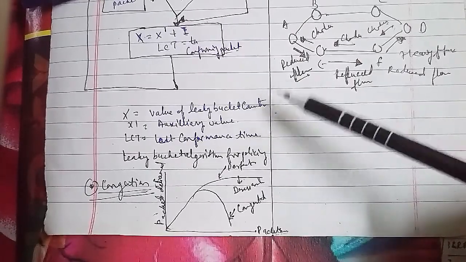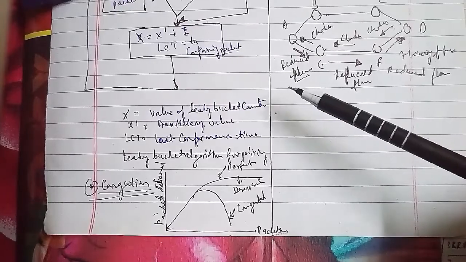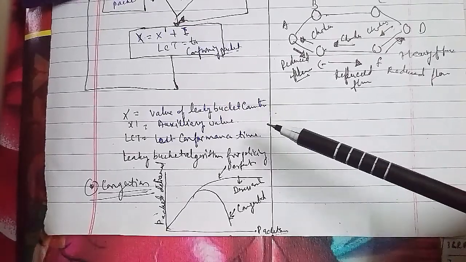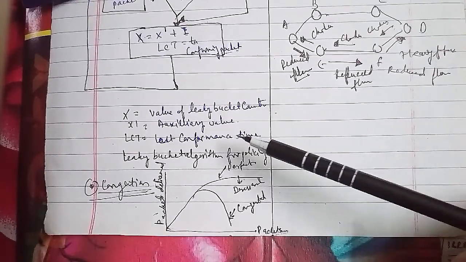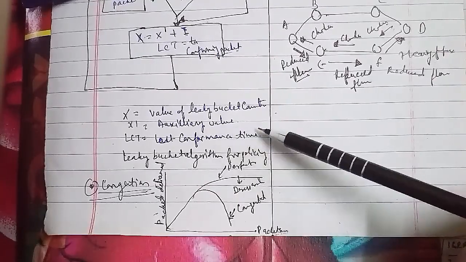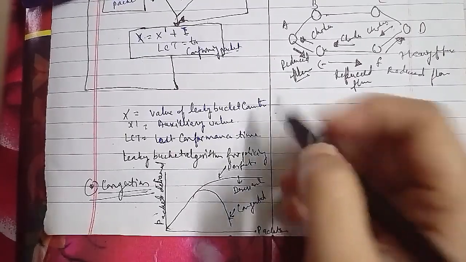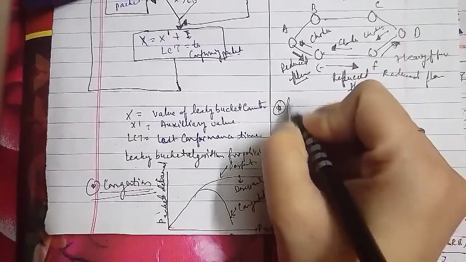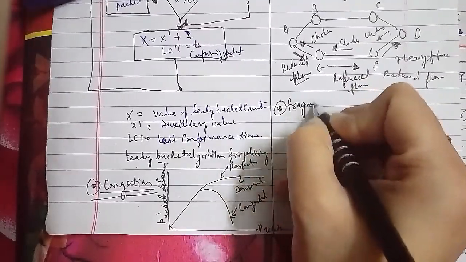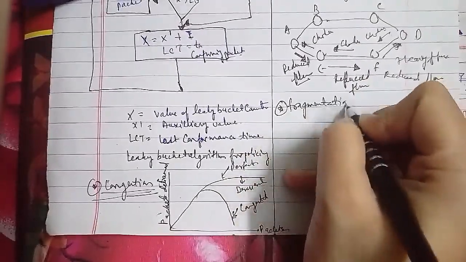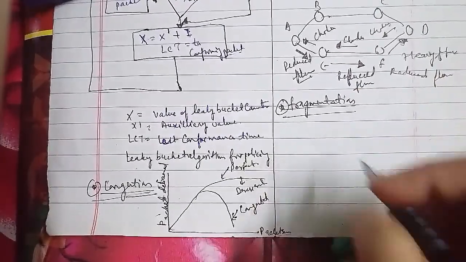This is the packet. Then after that we will have G1, which is the breakdown, to G2. This is network 1.